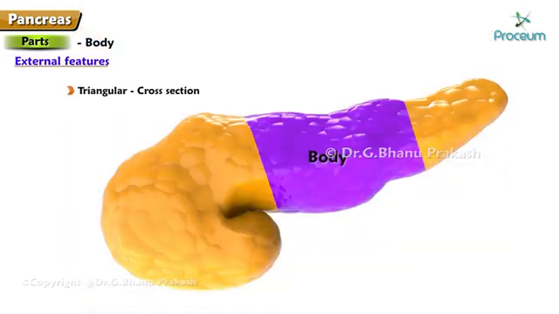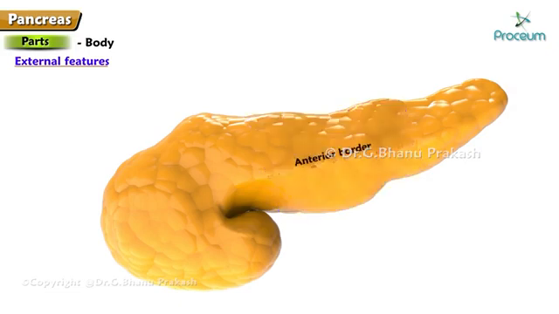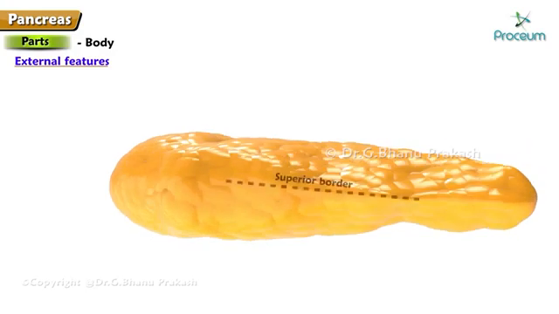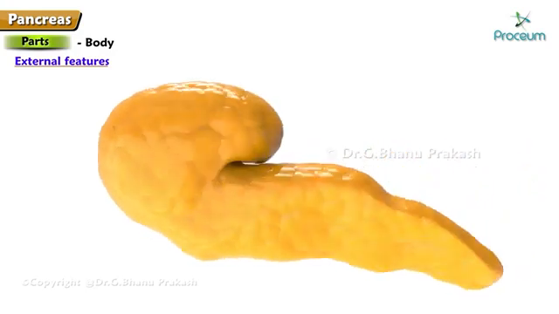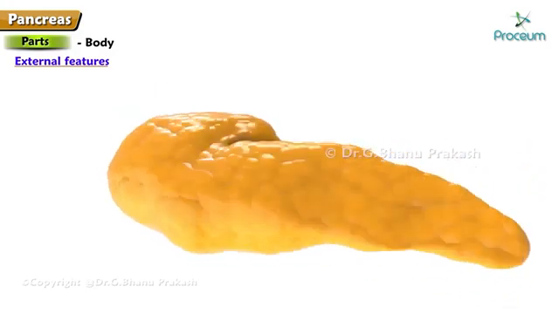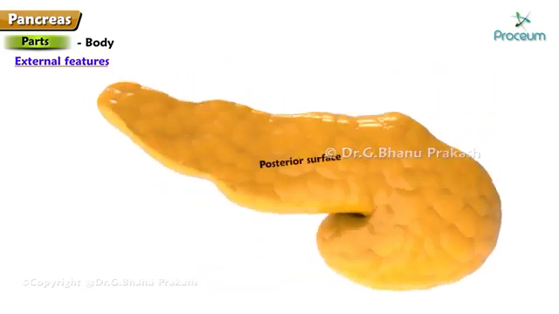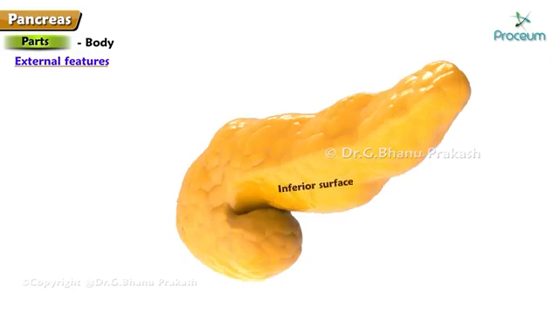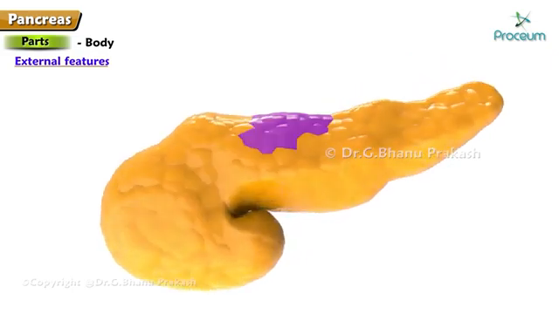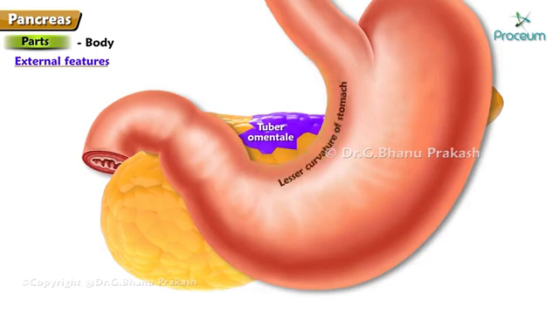It is triangular in cross-section and has 3 borders: anterior, superior, and inferior, 3 surfaces, anterior, posterior, and inferior, and 1 process, tuber omental. Tuber omental is a projection from the part of the body above the lesser curvature of the stomach.